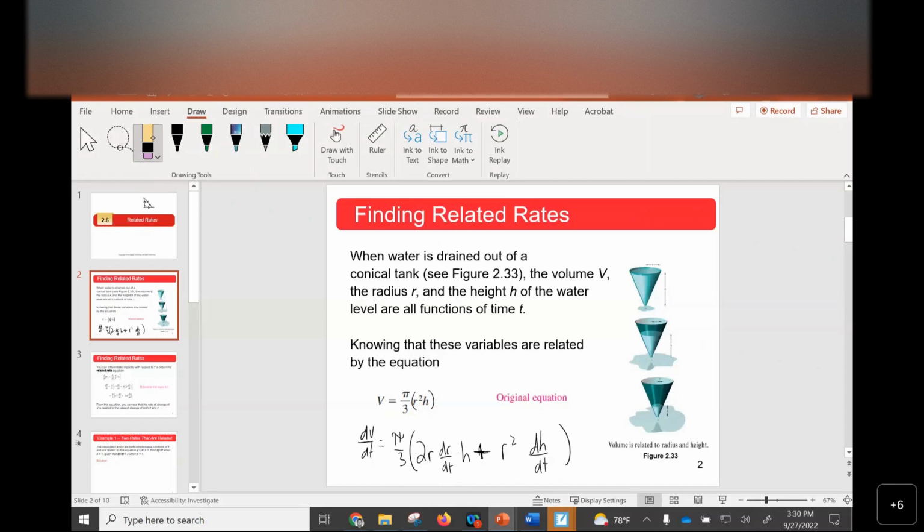If I'm asking for dV/dt, somewhere in there is going to be r, dr/dt, and h, dh/dt. In other words, everything else has got to be given if you want to find one of the rates. Okay. All right, let's try one of those.